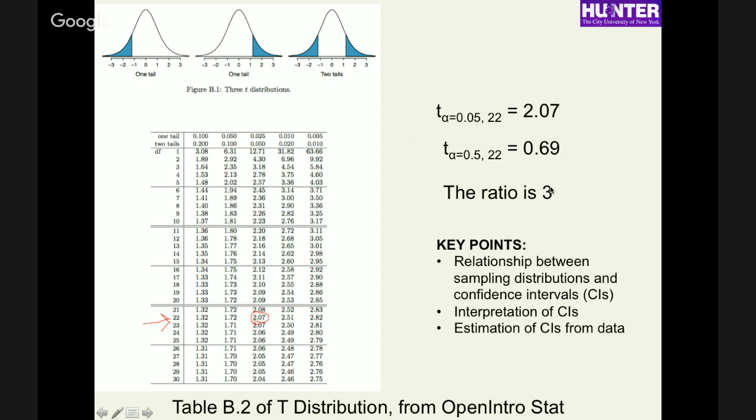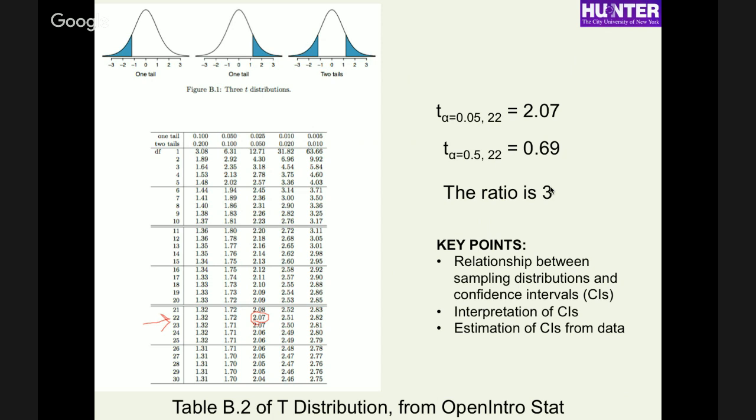So key points here on confidence intervals before we move on to hypothesis testing: remembering that relationship between the sampling distribution and the confidence interval, how we use the sampling distribution, whether it is the normal distribution or a t distribution, to calculate confidence intervals. You have equations for that.